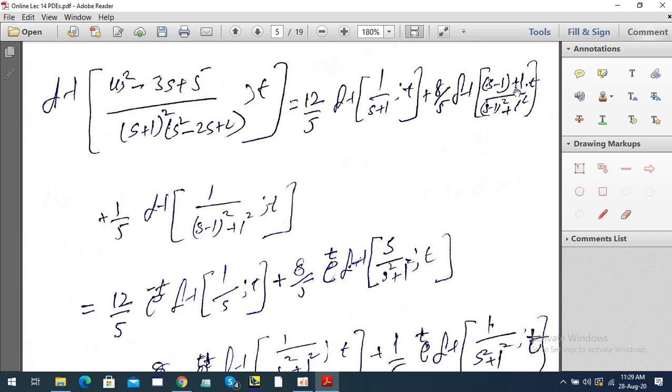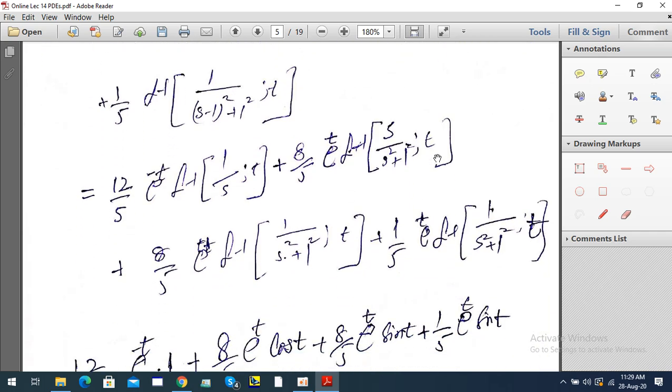So you can see here, we have the Laplace inverse on this one, s minus 1 divided by (s minus 1) square plus 1 square, and again 8 by 5 plus 1 by (s minus 1) whole square, and also we have this one. So 1 comes from this one, 1 by (s minus 1) square plus 1 square, which will be multiplied by 8 by 5.